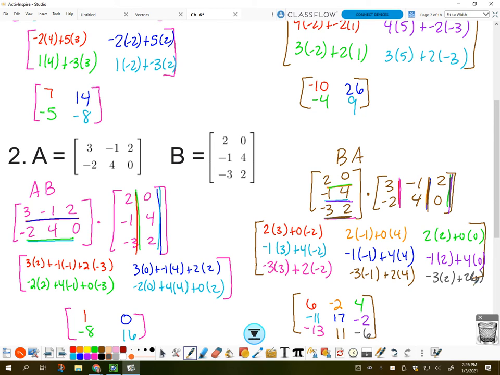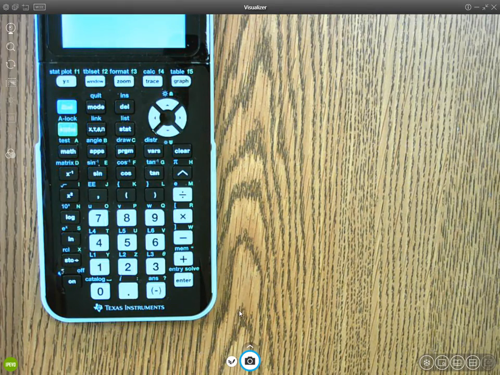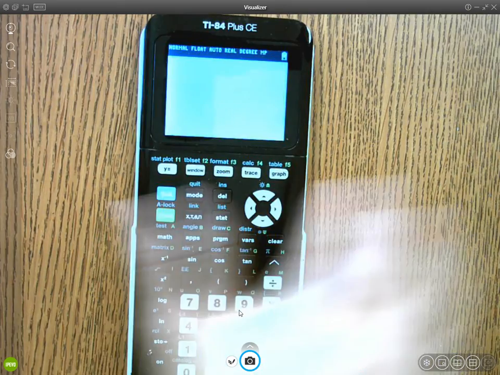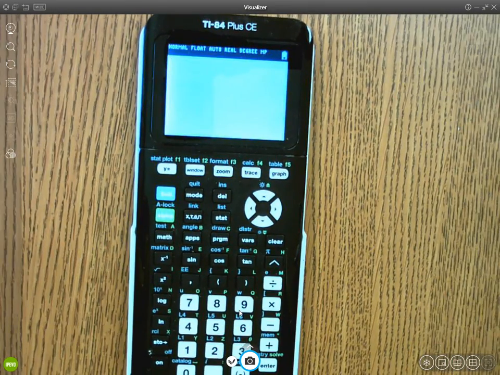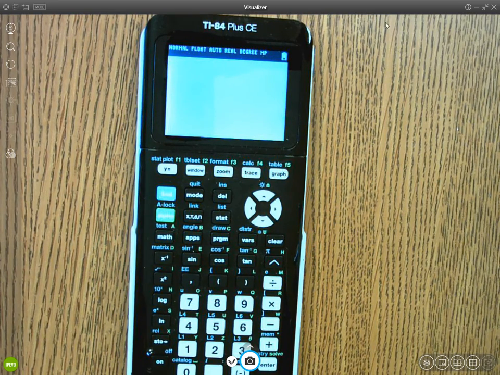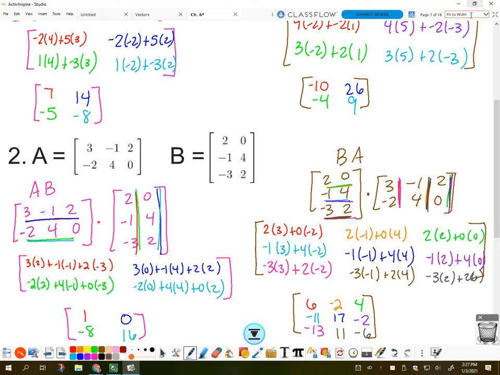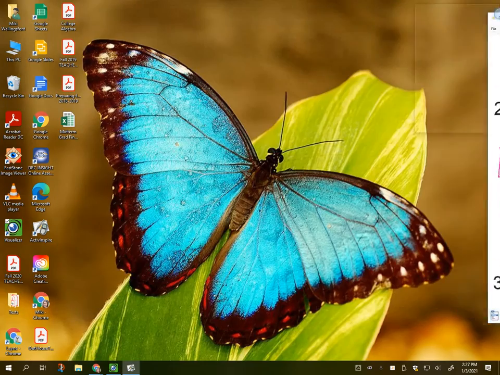The screen just goes blank, I apologize. Alright, actually I have no idea what those matrices were, so let me do this real fast.